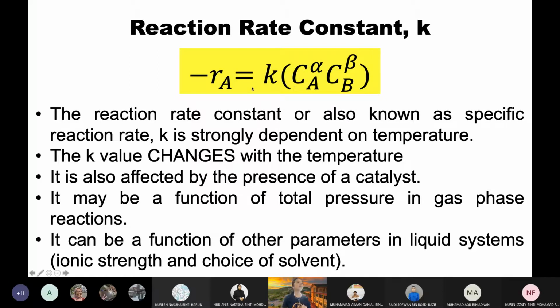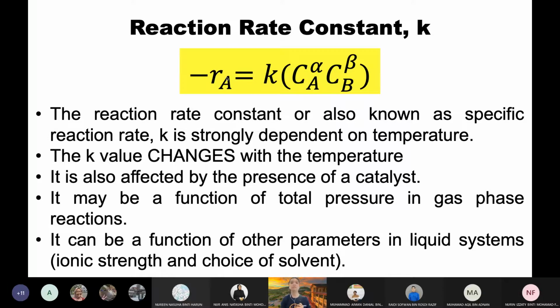Okay, so kalau kamu tengok daripada persamaan dalam kotak kuning ni, if my K increase, naturally my minus RA pun akan increase. Means kalau temperature naik, K naik, reaction rate pun naik, kadar tindak balas pun naik. Okay, kalau kamu ingat kamu pernah belajar kan, reaction rate ni berkaitan dengan volume reactor.